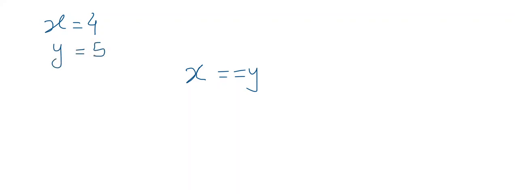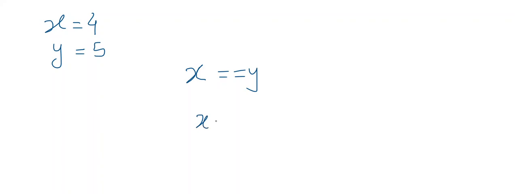When I want to check whether x is equal to y, I use two equal signs, right? I do not use one equal sign. So let's say x was 4 and y was 5. And I want to test whether x is equal to y, I will use two equal signs, and that will give me a false result.